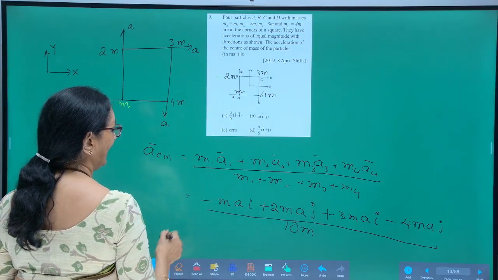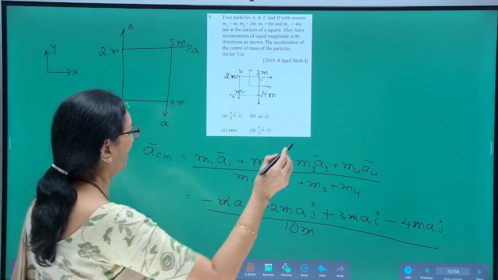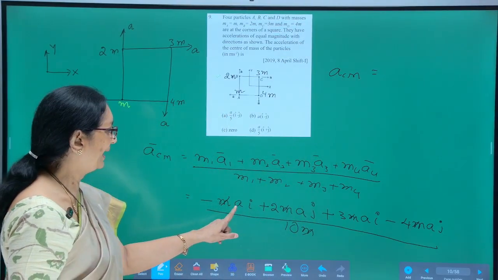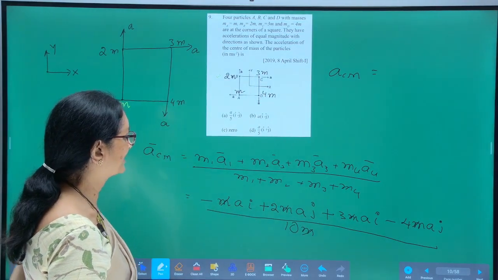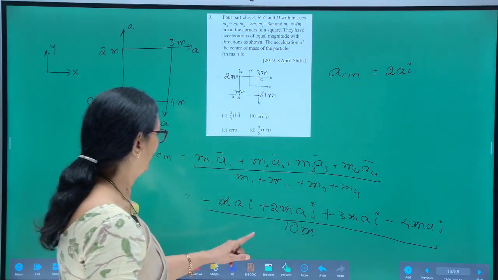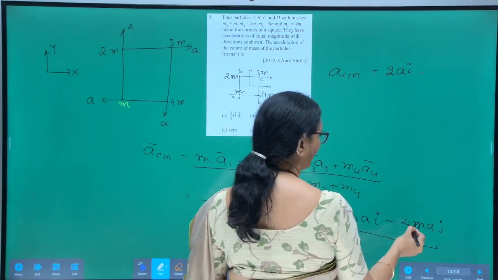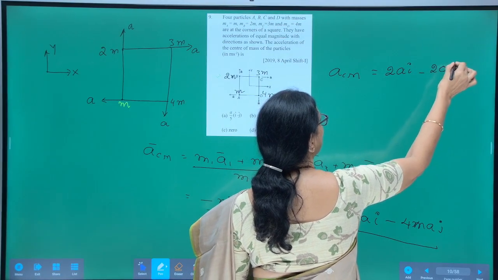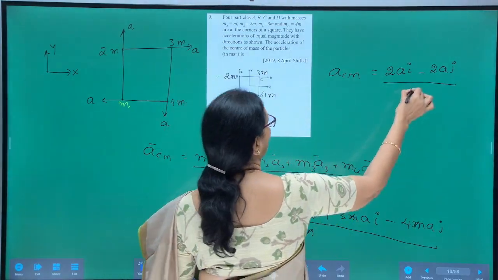You can take m as a common factor and cancel, then you will be left with what? So acceleration of center of mass is, look here, minus ai plus 3ai, it is 2ai, 2aj minus 4aj. 2a minus 4a is minus 2a j bar, divided by total mass, which is 10 here.